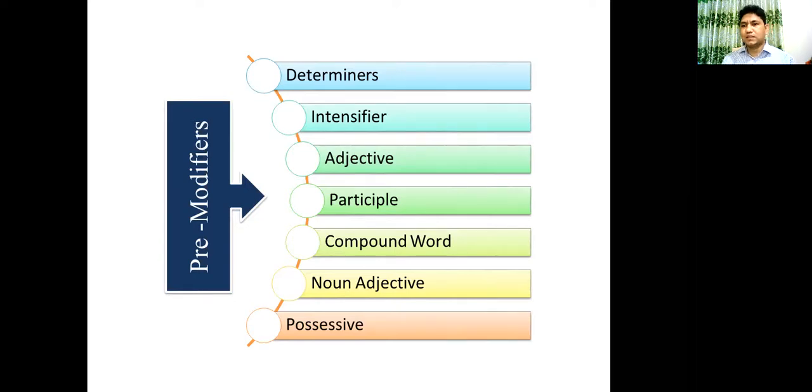First one is determiners, second one is intensifier, third one is adjective, fourth one is participle, fifth one is compound word, sixth one is noun adjective, and last one is possessive. So you see, these are the grammatical items that are used as free modifiers. That means this type of grammatical items are basically used before words.